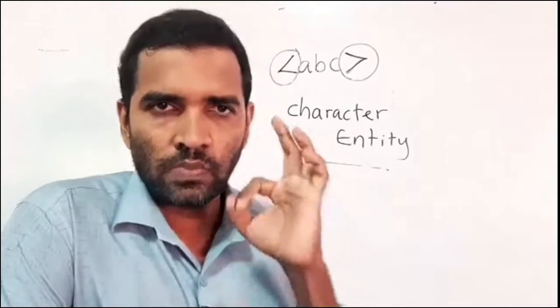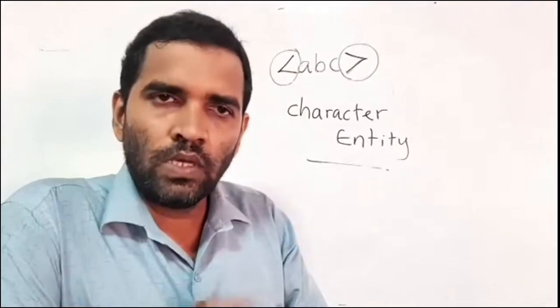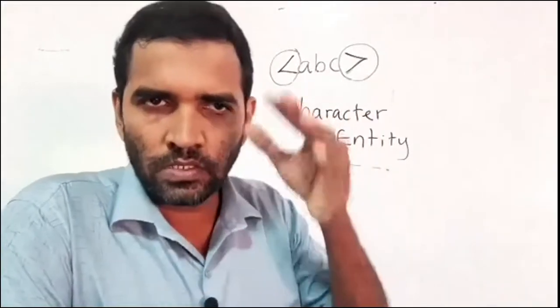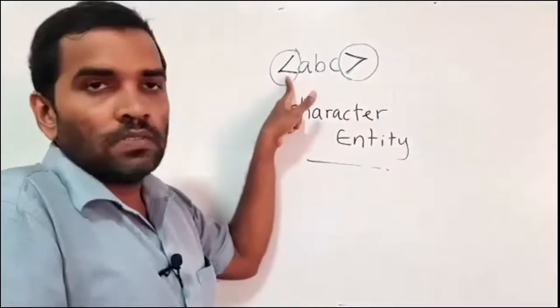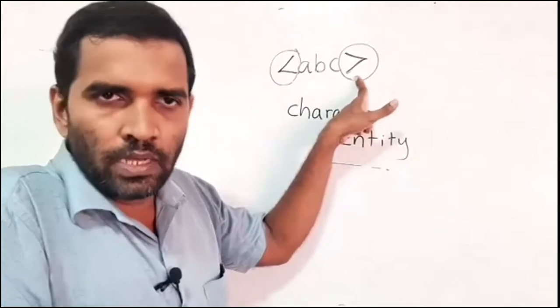Have you understood? I'll explain again. In our example, we couldn't display the expected output on the web page. It is because of this less than character and greater than character, simply angle brackets.